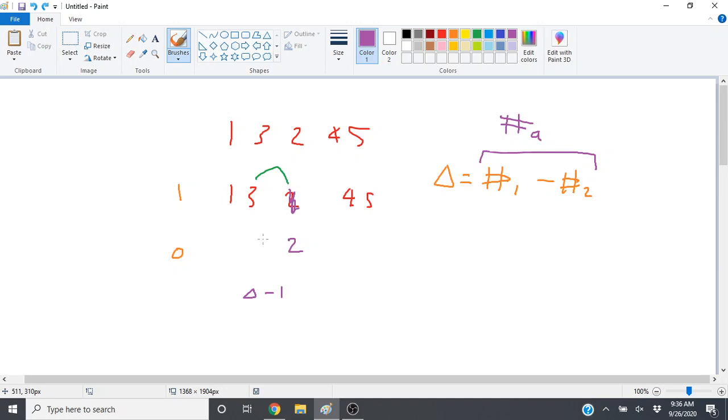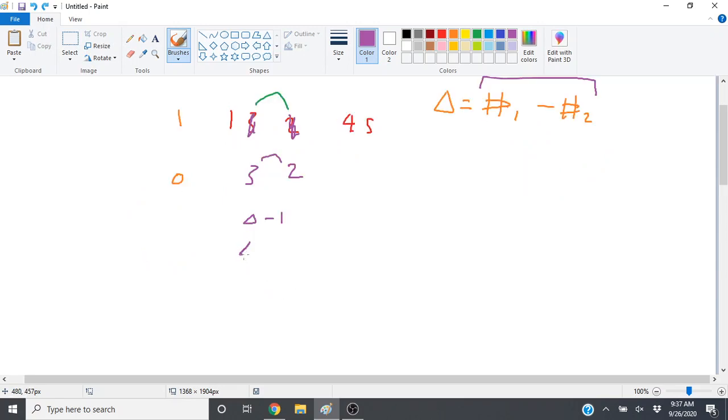So this 2 has already been removed. Then when we remove this 3, this pair is already gone, so we don't care about it. But when we move this 3 over, now we gain this pair in the second array, which means that even though this doesn't decrease by 1, this increases by 1. So this is the convenience of using delta, because in either case, delta still decreases by 1. And this basically means that whatever we do to 3, it's independent of all the other elements that it's in an inversion pair with.